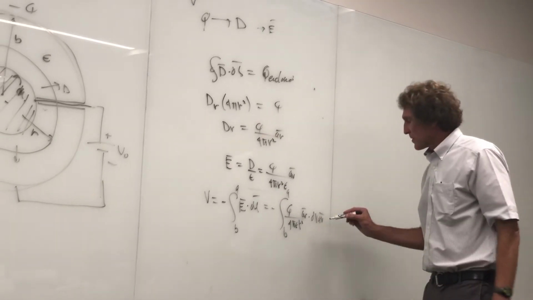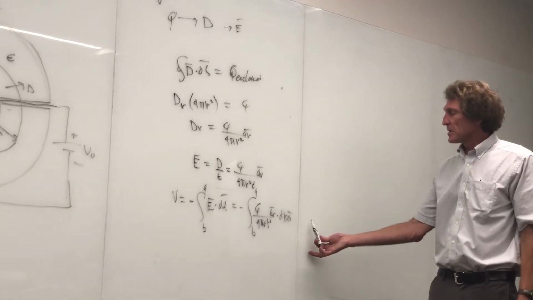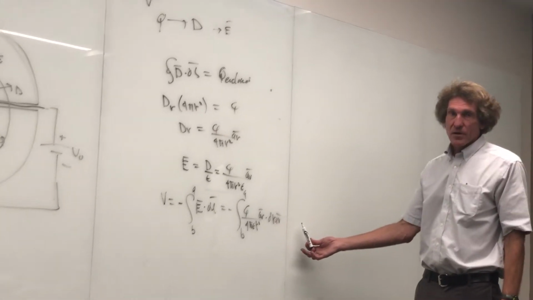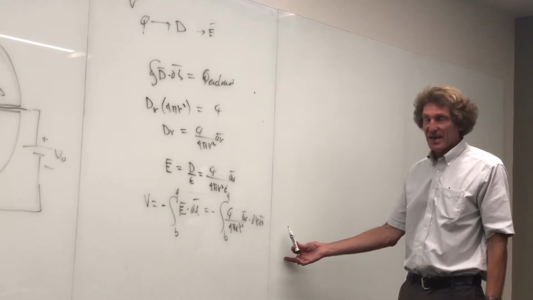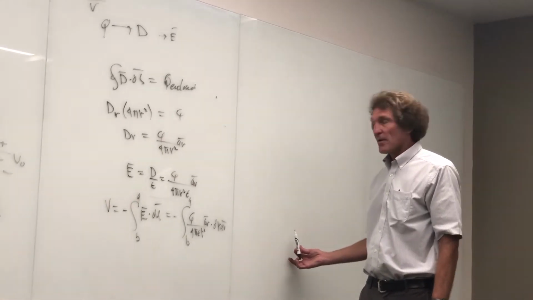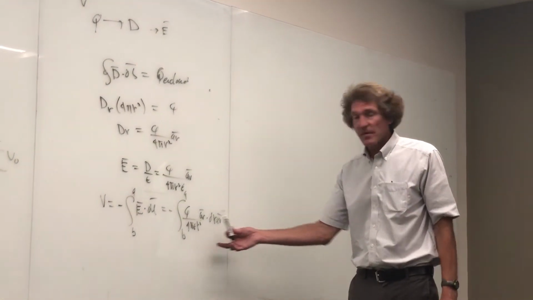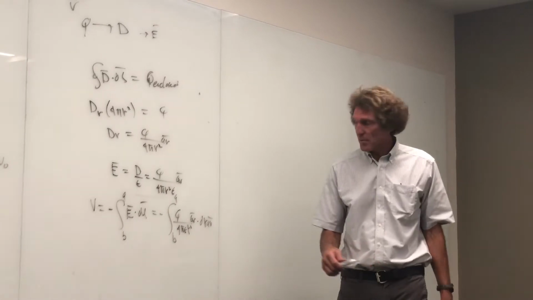And I didn't put the rest of the differential because DL is just dr AR. I don't need to put r sine theta d phi a phi and r d theta a theta, because the dot product of AR with them is 0. So I only put this term.